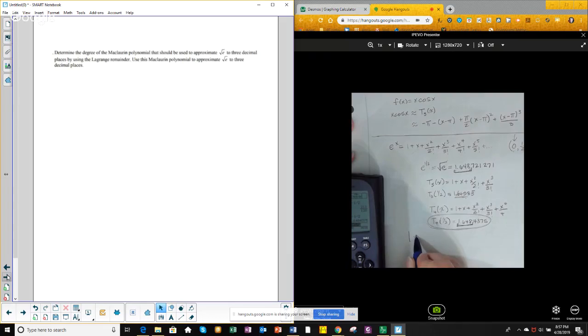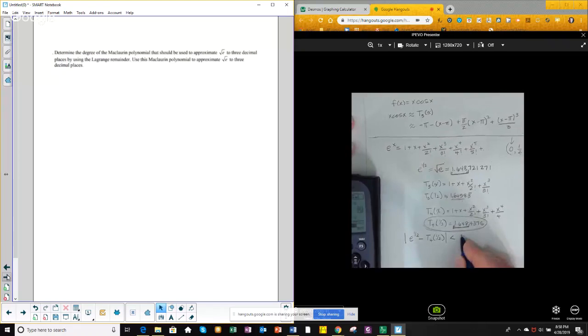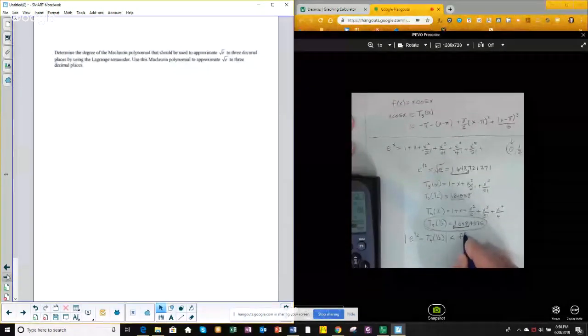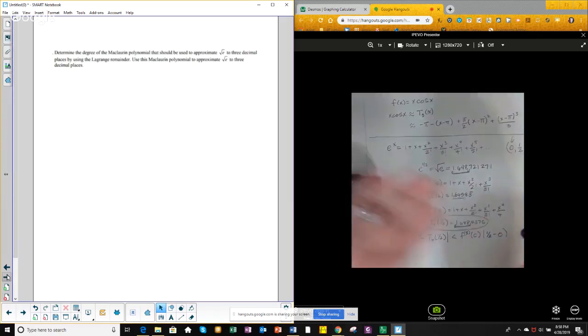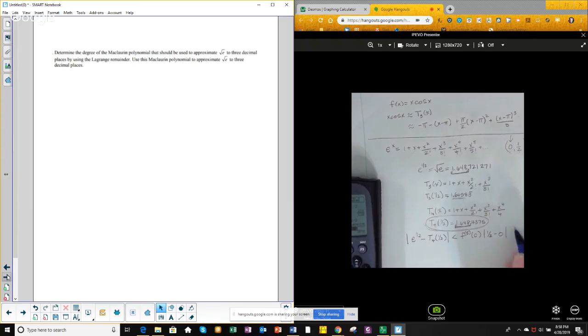So I'm going to say e to the 1/2 minus the Taylor polynomial of 1/2 is going to be less than or bounded by the fifth degree, because that's the next bumped up derivative here, evaluated at some c times the magnitude of our point x minus our center. Our center is 0 here. Oops, make that absolute value bars. Raised to the 5th, because that's 1 degree higher, all over 5 factorial.